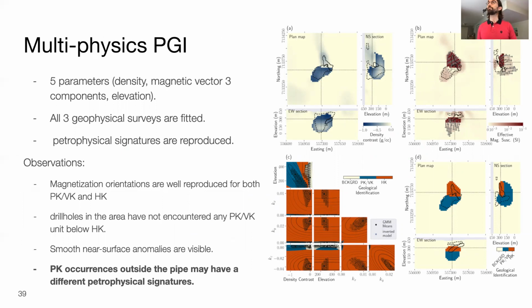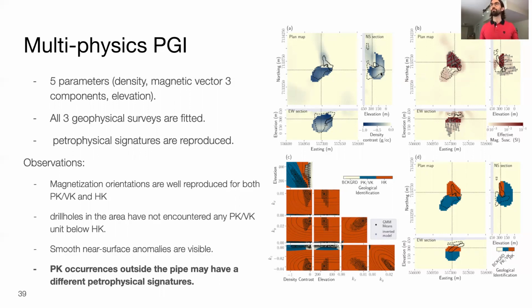You see here, for example, in the magnetic inversion, that the orientation of the magnetic field for PK and HK are different, because PK is mostly induced field, so it's oriented as the Earth's magnetic field, and for HK we orient it based on its remnant formation. We're able to have those different orientations within the same inversion.